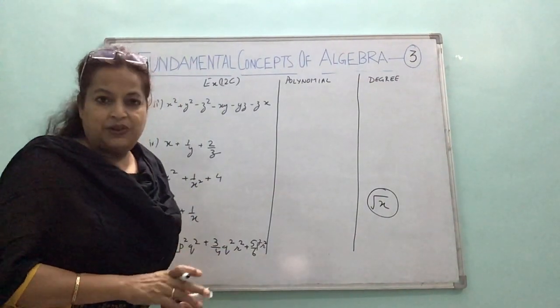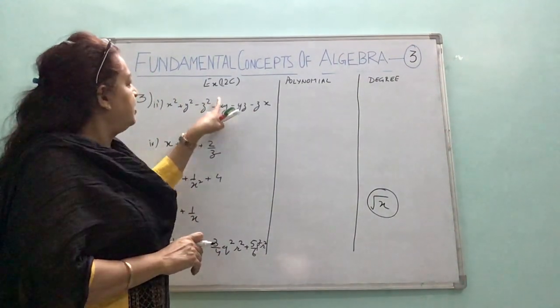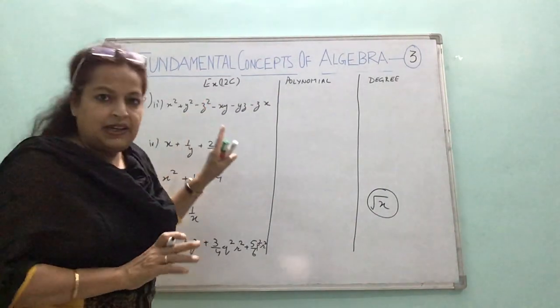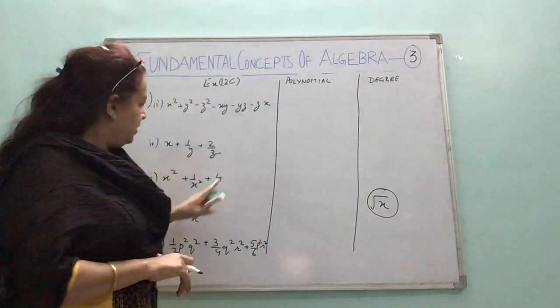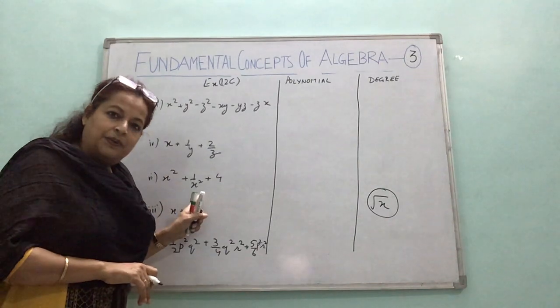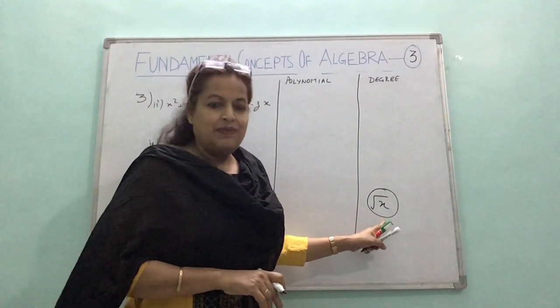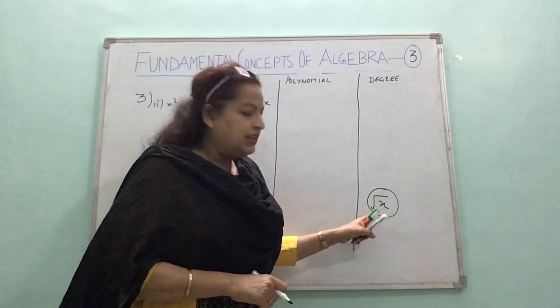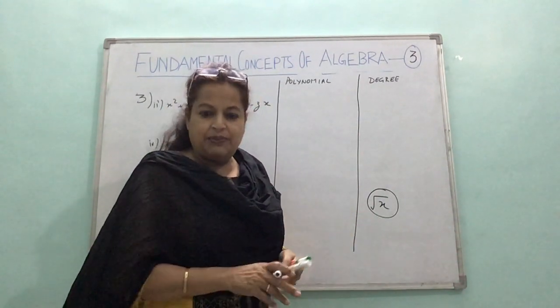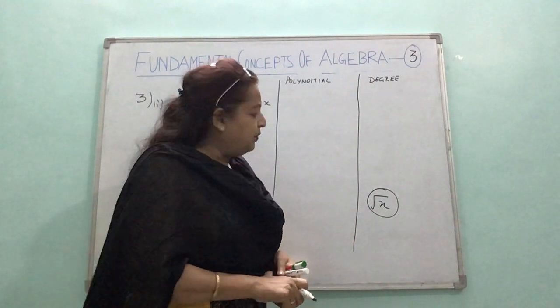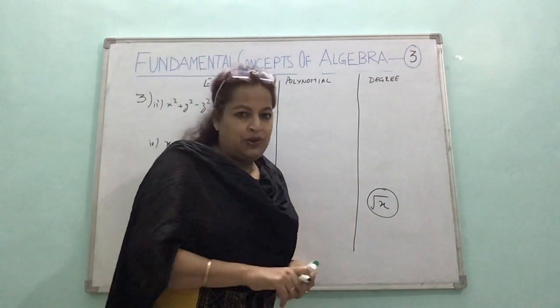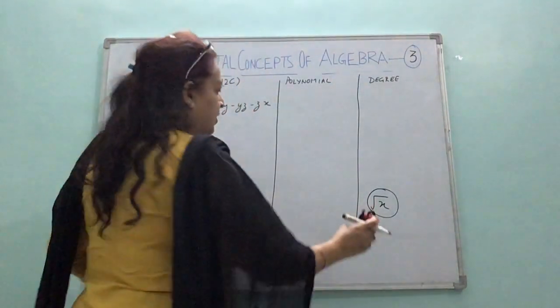Three conditions where it would not be a polynomial: first, that the power is negative; second, if the alphabet is in the denominator; or if it is a square root. You will study further. You don't have any such example in your book, so you do not worry about the third condition.